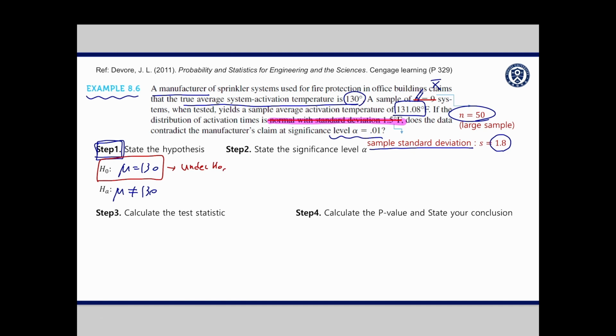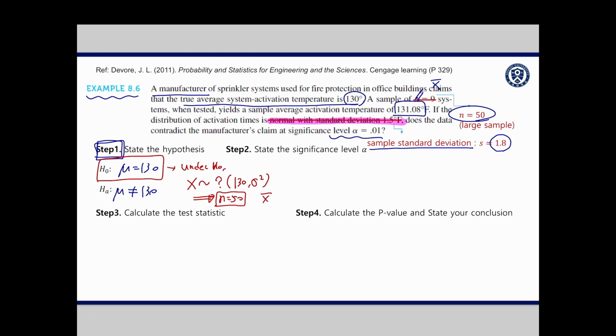Assuming H0, we know that X follows an unknown population distribution with mu equal to 130 and sigma squared parameter, with a sample size of 50, which is sufficiently large to apply the CLT.